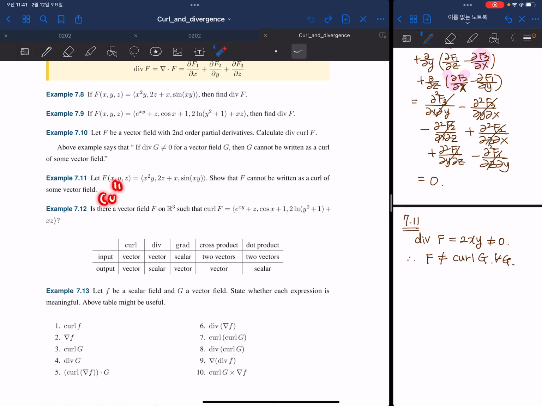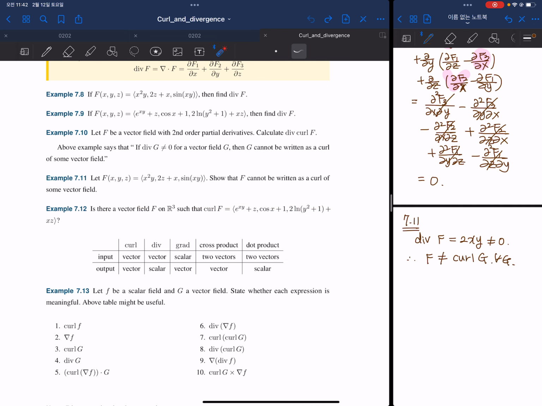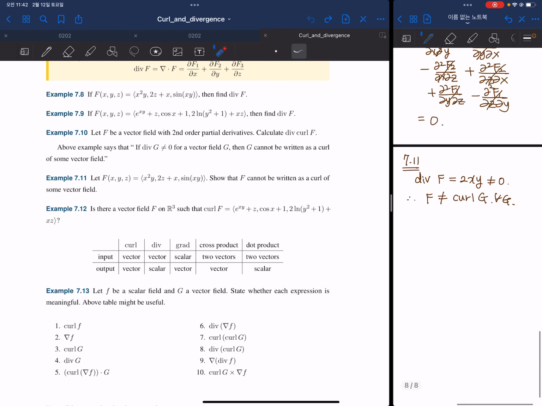If it were the curl of some vector field, then when you take the divergence, the divergence of the curl of a vector field is just 0, right? It is a contradiction, because our divergence of f was 2xy. It is a different thing, so it is a contradiction.